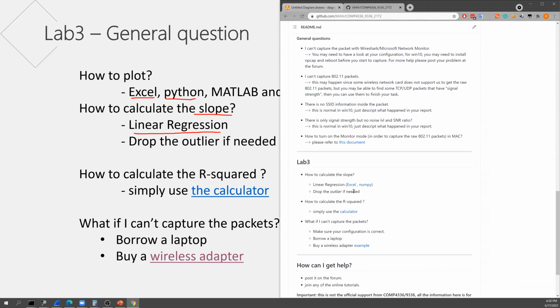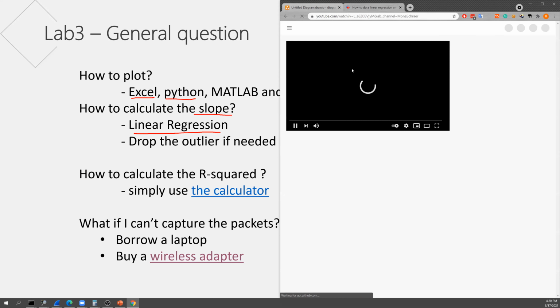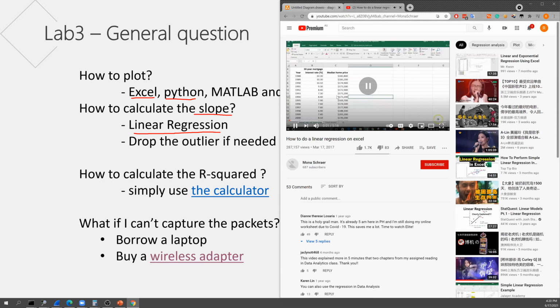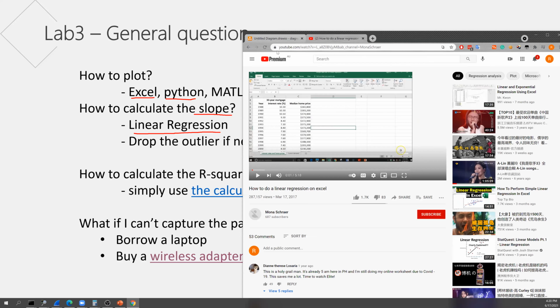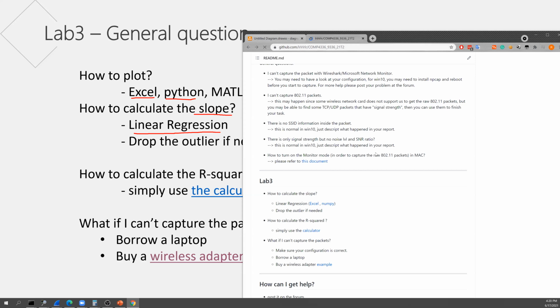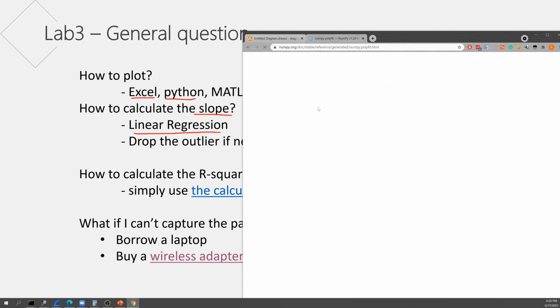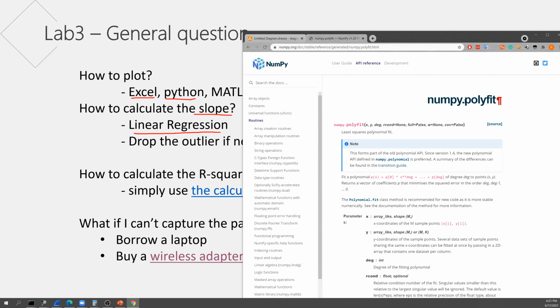I put the link here, so you can have a look at how to use the linear regression function in Excel and NumPy. It's a 5-minute video, watch it if you need it. It's pretty simple. In NumPy, you can use polyfit to calculate the equation.